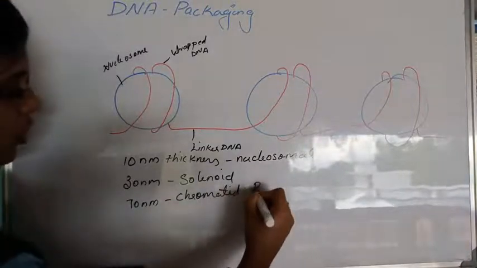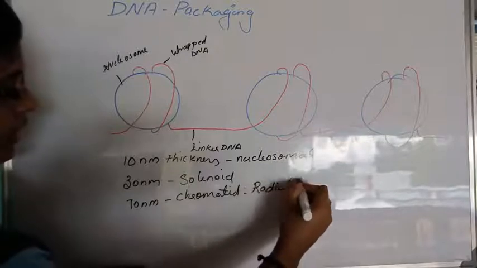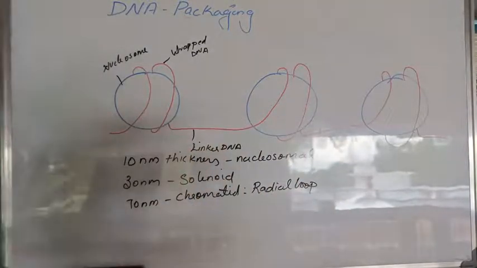That arrangement is called radial looping. In this radial looping we can see the chromosomes, the DNA or chromatid structure, under the light microscope at the 70 nanometer stage.